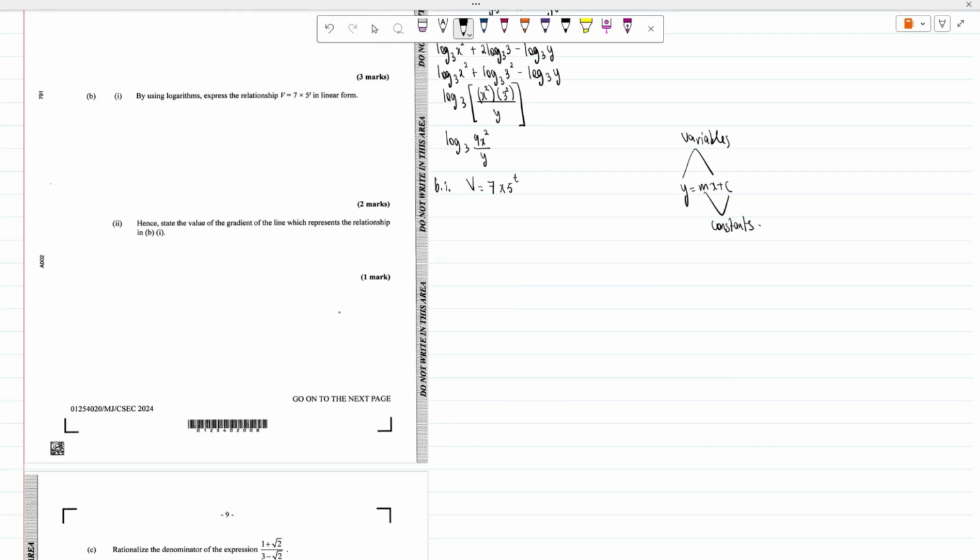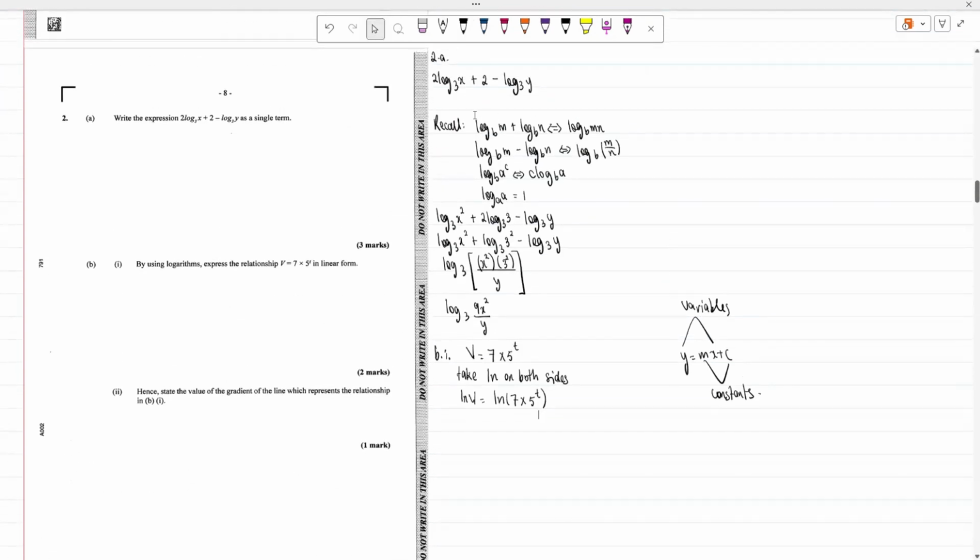Now, what I'm going to do, I'll introduce logs, right? You have to introduce logs to get rid of the exponent on top. I'll take ln on both sides. ln v is equal to ln of 7 multiplied by 5 to the power of t. All cool with that so far? Now, I'll recall one of the laws of logs. I'm going to split up the product as the sum of two individual logs.